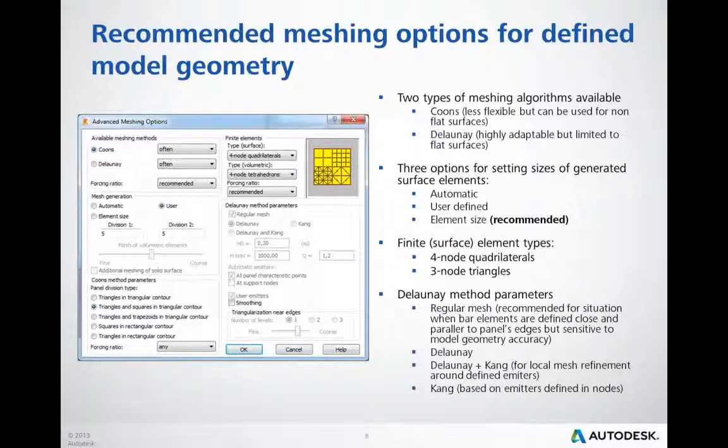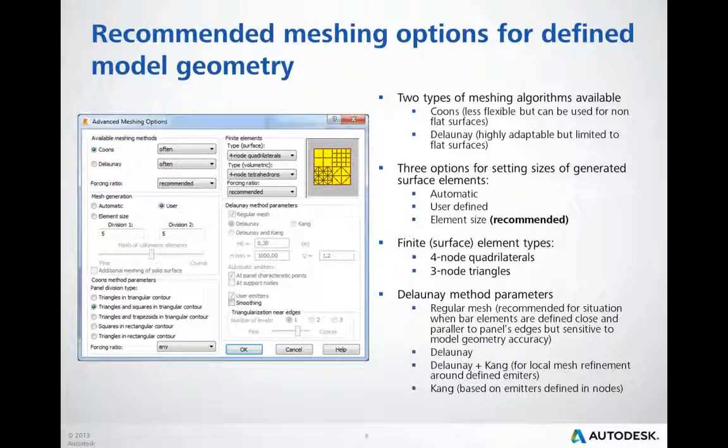Regular mesh is recommended for situations when you have bar elements that are defined close and parallel to the edges of panels, to avoid odd-shape surface elements generated in between these two objects.